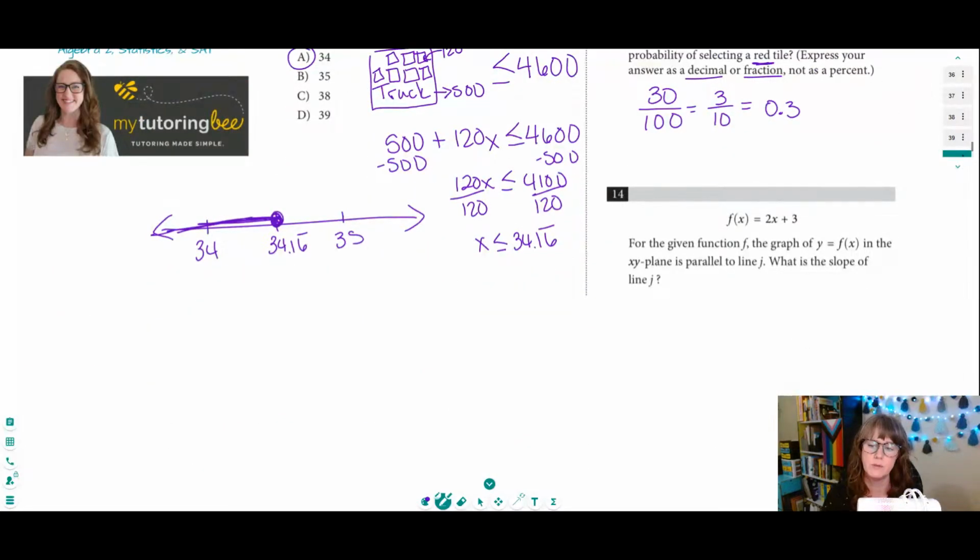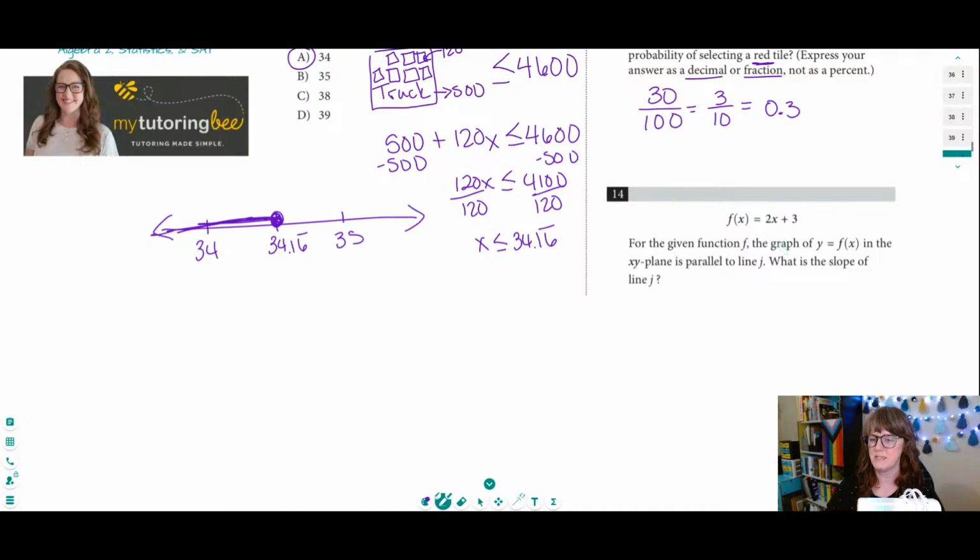All right, 14. We've got f of x equals 2x plus 3. For the given function f, the graph of y equals f of x in the xy plane is parallel to line J. What is the slope of line J? Okay, this is a pretty simple problem, but it's kind of worded in a complex way, or it's made to sound complex, I guess.